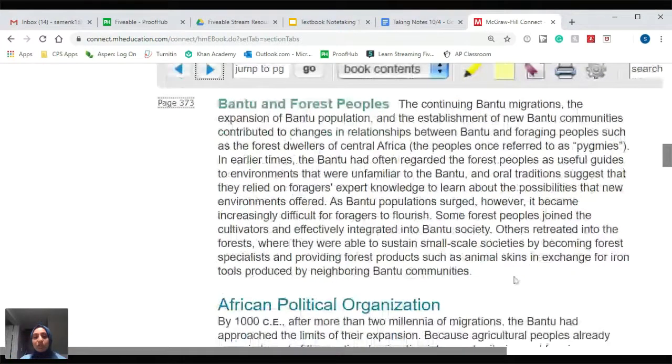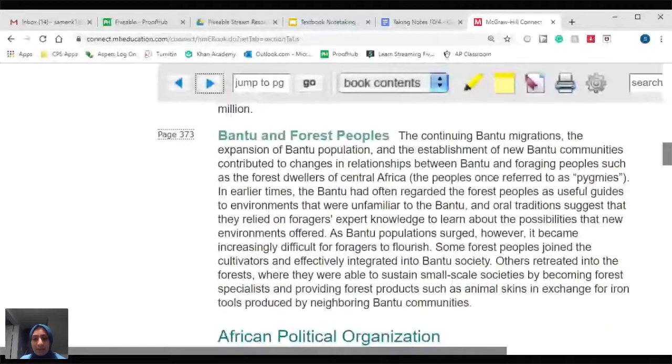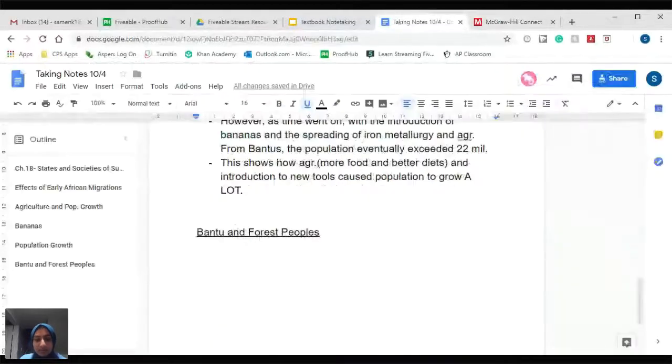Okay, so this section is basically talking about the relationship between the Bantu and foraging people, such as the forest dwellers of Central Africa. So maybe we'll take the whole gist of it first.